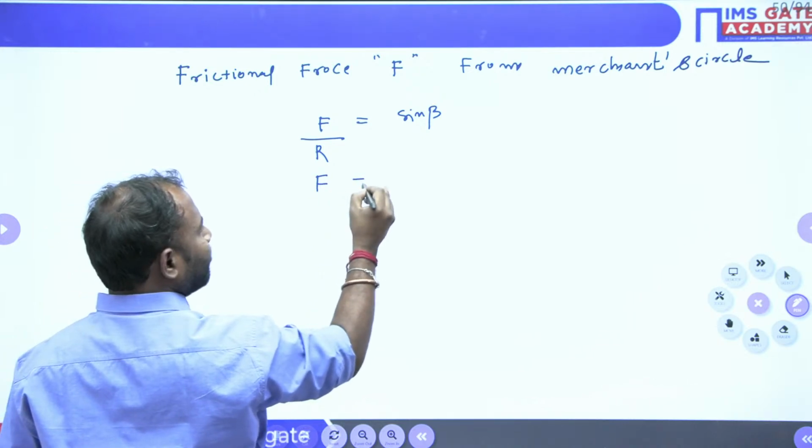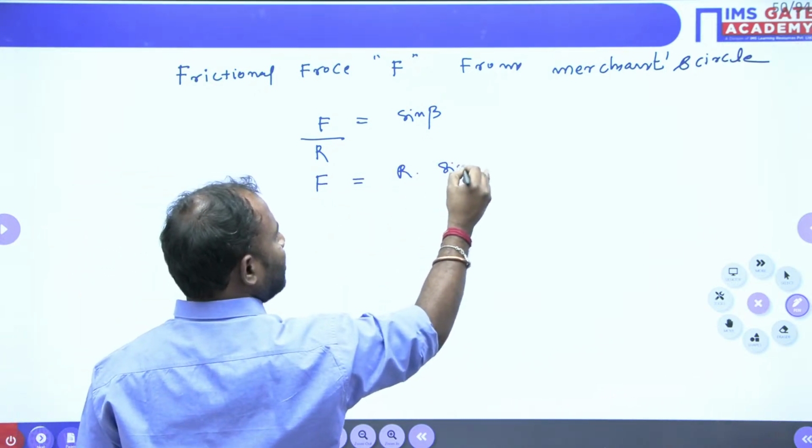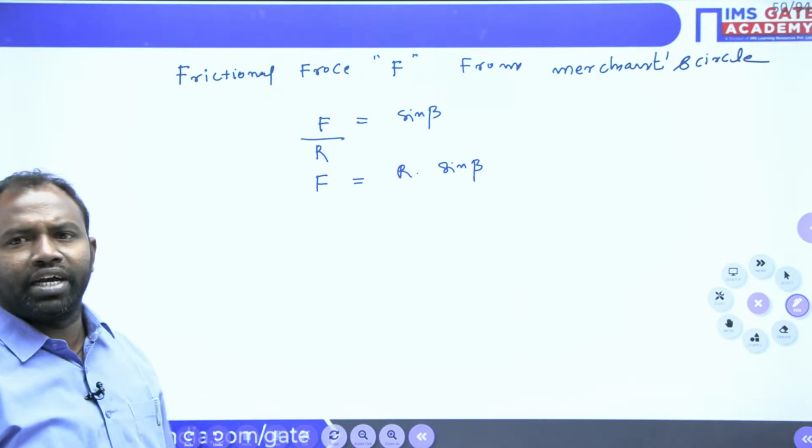Now I required F, that is why R into sine beta, where beta is the friction angle.